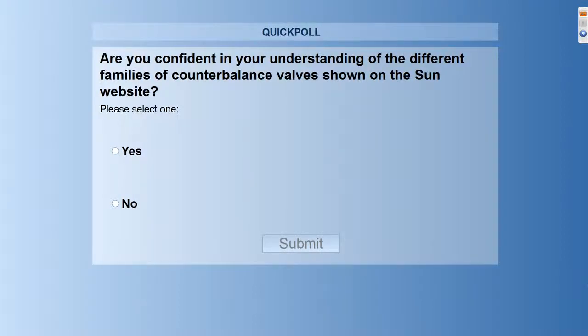If you have just a quick moment, take your mouse and answer that question with either a yes or no, and we'll provide the answers in just a moment. We'll show you how many people said yes and how many said no. The question again is, are you confident in your understanding of the different families of counterbalance valves shown on the Sun Hydraulics website?